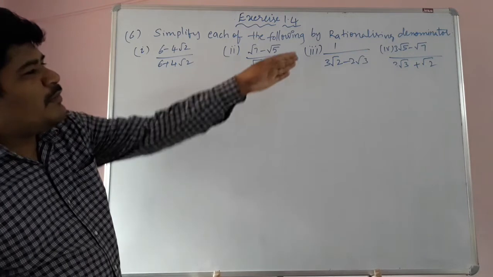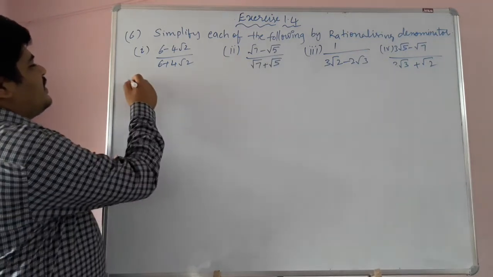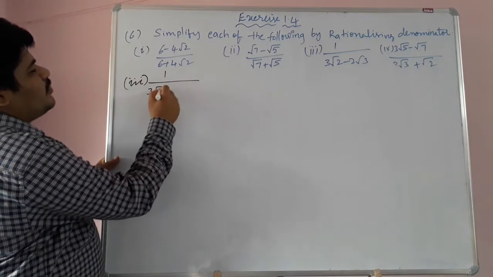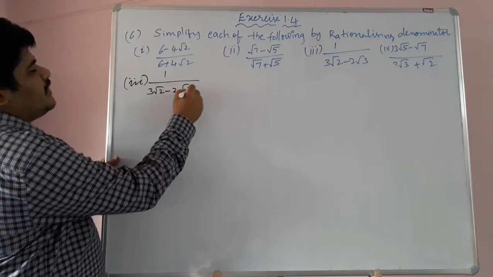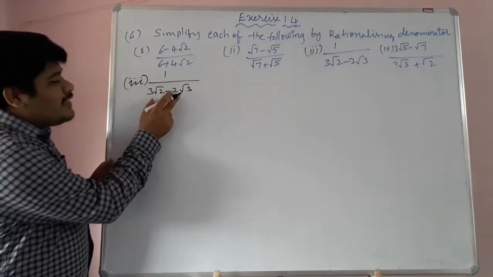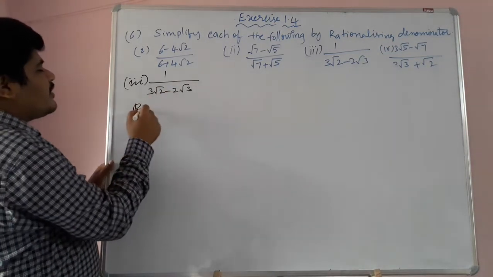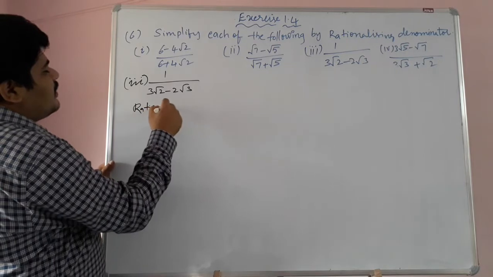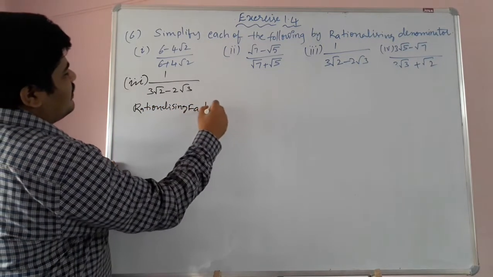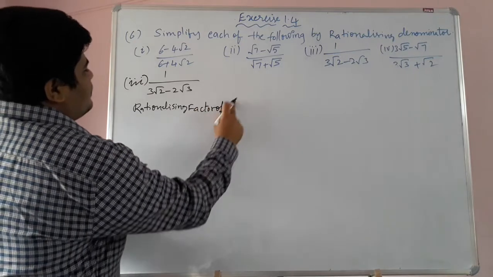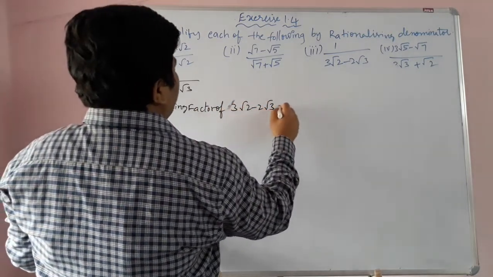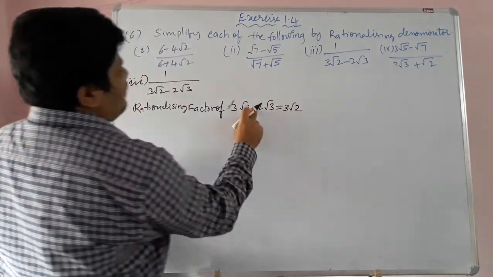Now let's see problem number 3, and that is 1 by 3 root 2 minus 2 root 3. So first we need to take the rationalizing factor of the denominator. So the rationalizing factor of 3 root 2 minus 2 root 3 is 3 root 2, here minus is there, no?